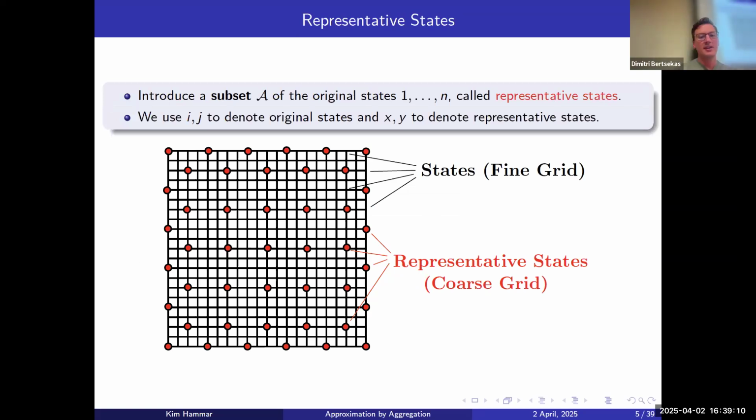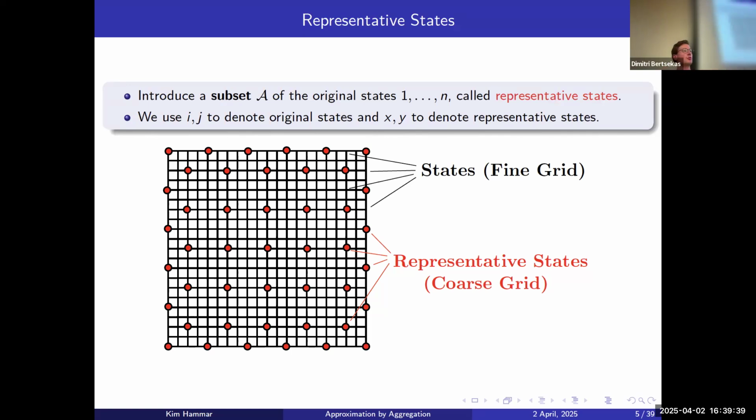When we are aggregating a state space into a smaller set of aggregate states, it's not necessarily the case that the aggregate states belong to the original space. But in the special case when that holds, we will refer to them as being representative. So when you're doing aggregation with representative states, you are simply selecting a subset of your original state space to be representative.